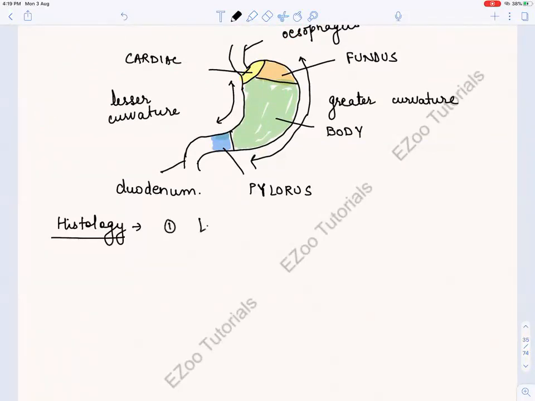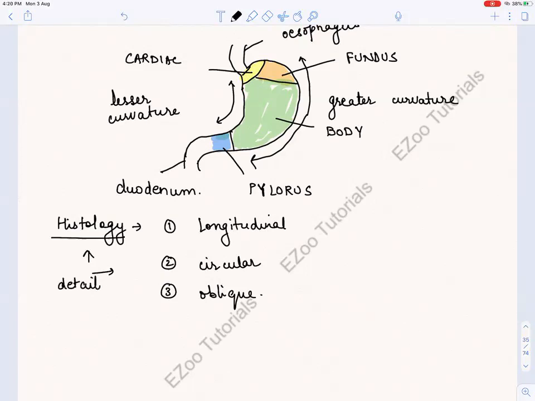One is the longitudinal, second is the circular, and third is the oblique. So when we do histology, we'll do all these things in detail. Okay, so longitudinal layer, circular layer, and oblique layer.